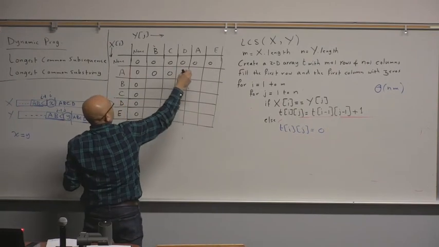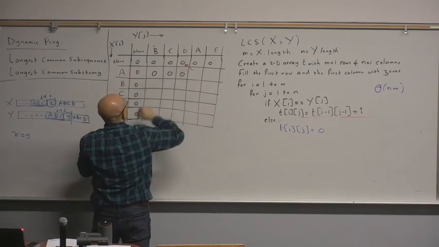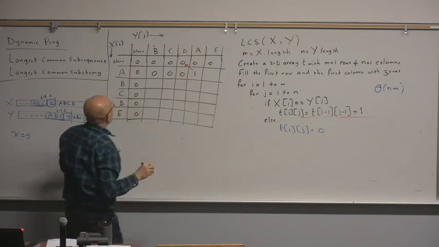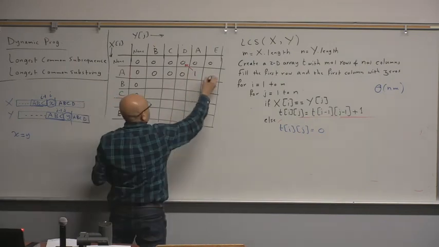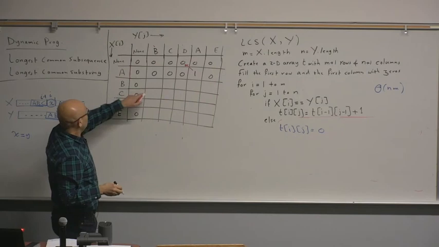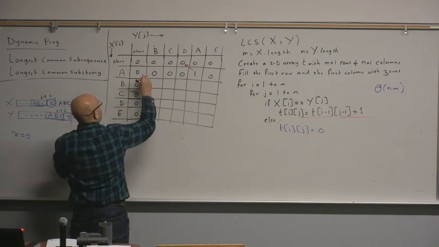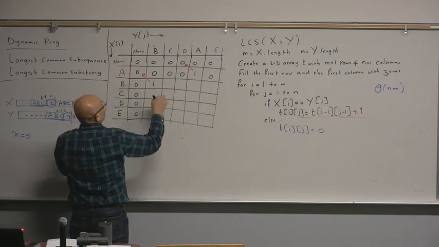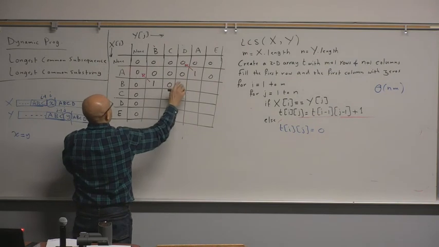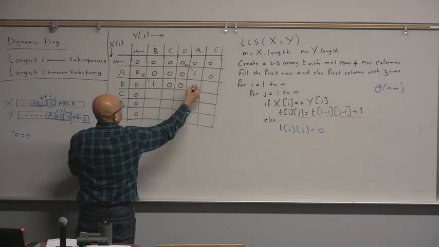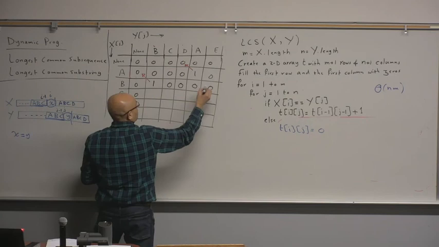So it's going to be diagonal. Not equal, simple, 0. Equal, go diagonal, 1. Not equal, 0. Not equal, 0. Not equal, 0. Not equal, 0.